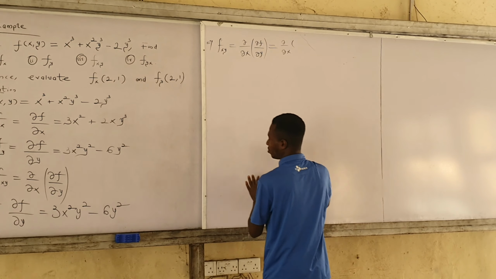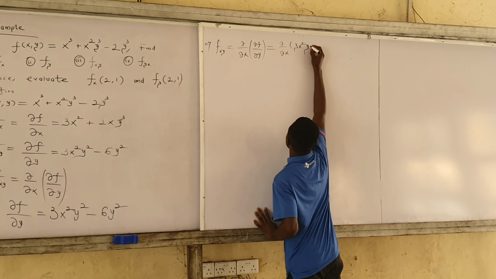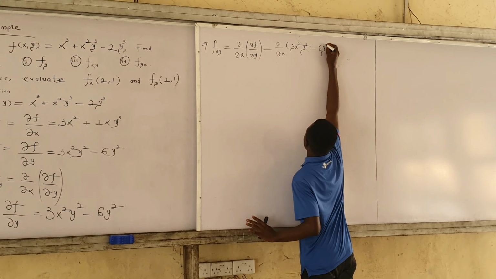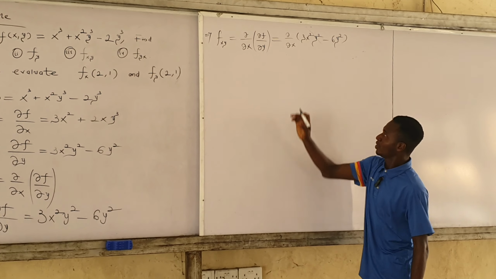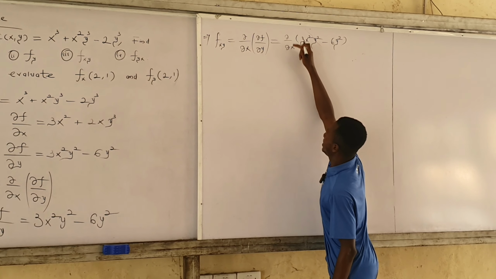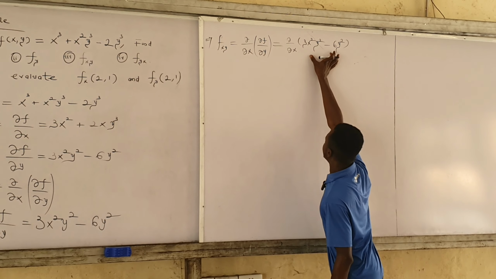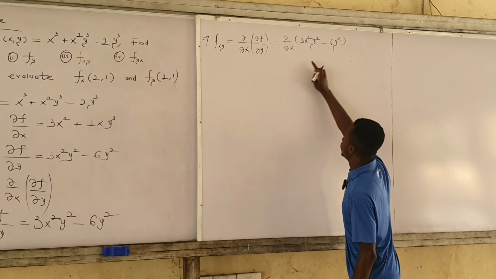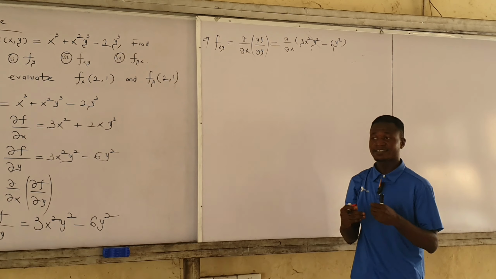So we just have to substitute. So that is going to give us 3x raised to the power of 2, y raised to the power of 2, minus 6y raised to the power of 2. That is this now. So at this instance now, the expression is given by the partial x of this given expression, which means that we have to differentiate these terms here with respect to x alone, where y will be treated as a constant, as a number.